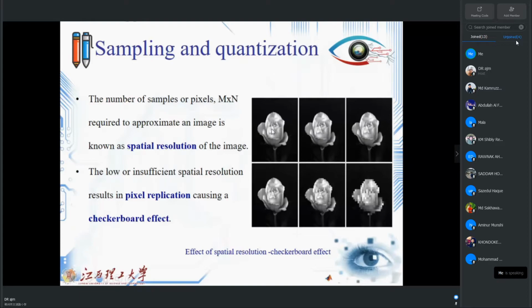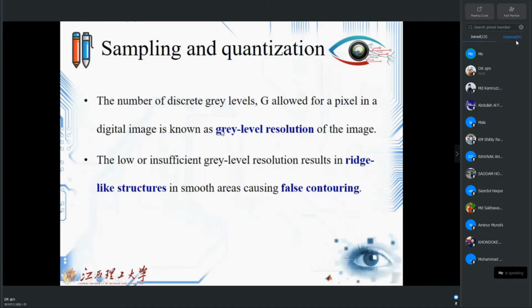Maybe you saw it when you worked with software like Photoshop, where sometimes your image becomes like a checkerboard. But now we learn why this happens, which is related to the number of samples and quantization.